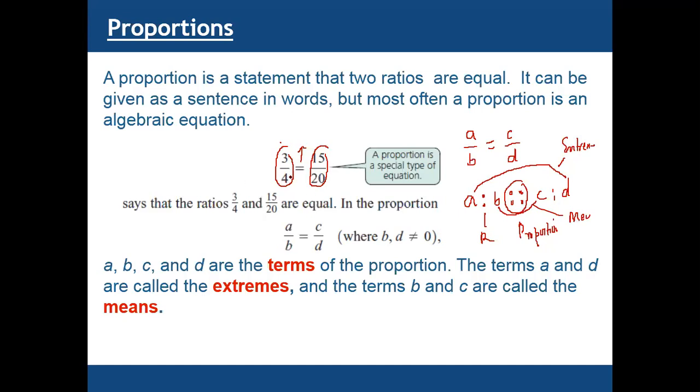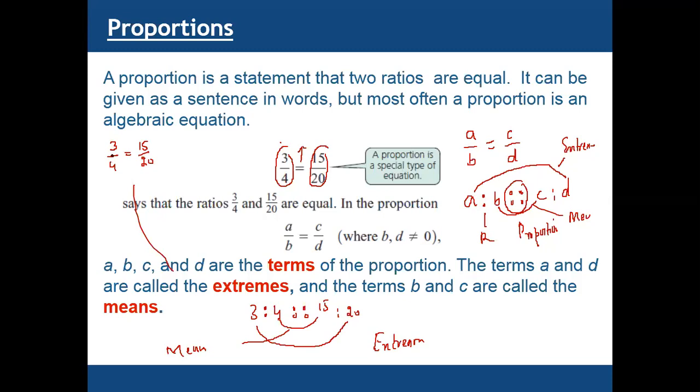Again, if we have 3 over 4 equal to 15 over 20, how can we write it? 3 ratio 4 and then proportion 15 ratio 20. 3 and 20 are called extremes, and 4 and 15 are called mean values.